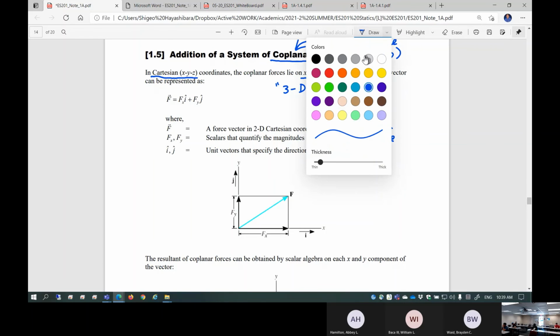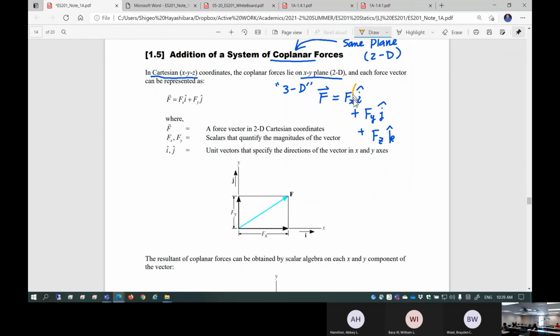What are those hats? Do you guys know that? Maybe just the direction. No, it's not direction. This is actually a vector too. Those are called unit vectors. Do you know why they went with i, j, and k? Somebody made that up in the past. It could be something else.